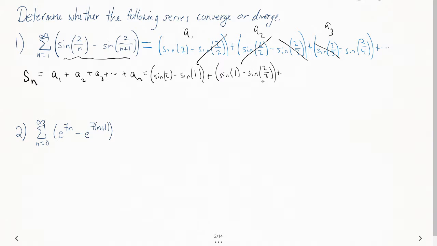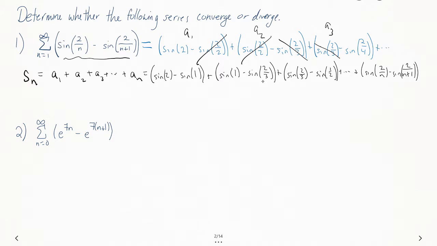And then we go plus sine of 2/3 minus sine of 1/2. And we continue in this trend until we finish with the nth term, which would be sine of 2 over n minus sine of 2 over n plus 1.